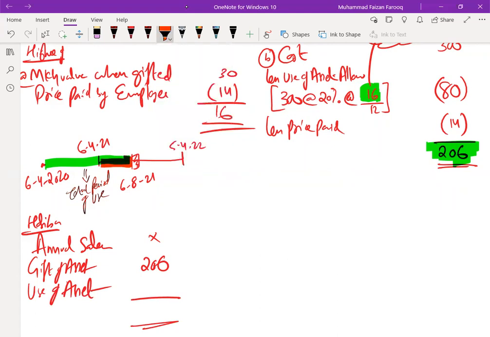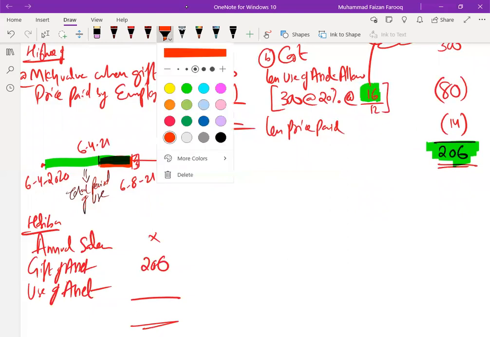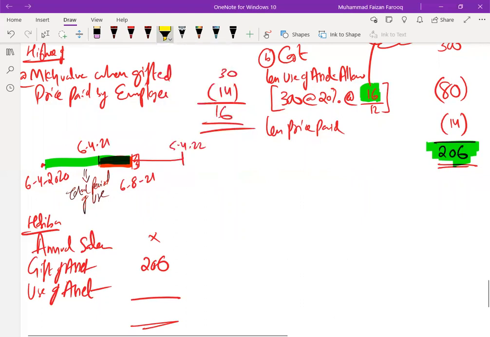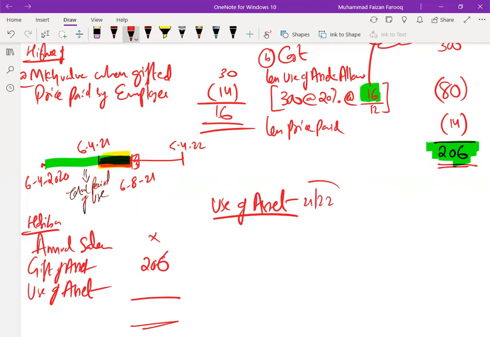See this. This is the period used before gift during the tax year. What is use of asset? What we learned, use of asset is if an employer provides an asset to an employee for personal use during tax year 21-22. So 300 into 20% into how many months he used during the tax year.